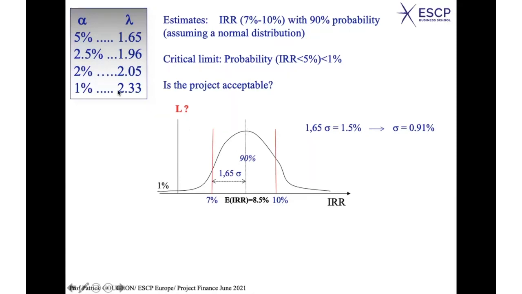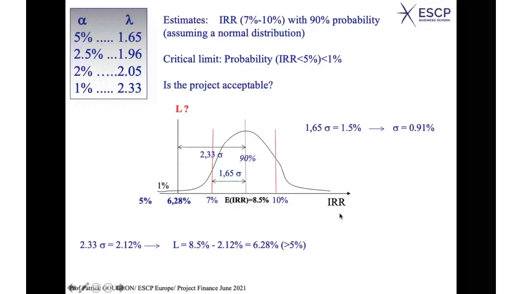In other words, you would find 6.28. If you have a distribution with a mean of 8.5% and a standard deviation of 0.91, it means that you have 1% probability to be below 6.28.